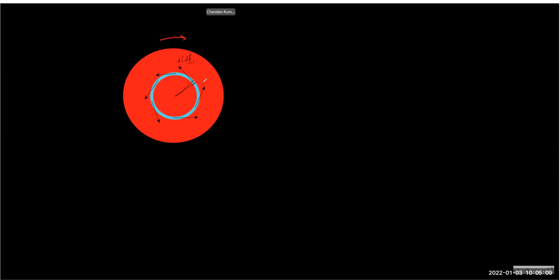If I say this is a small piece, what is the force acting on this piece? This is R, this is, let's say, d theta, and this is dr, the thickness of this ring.